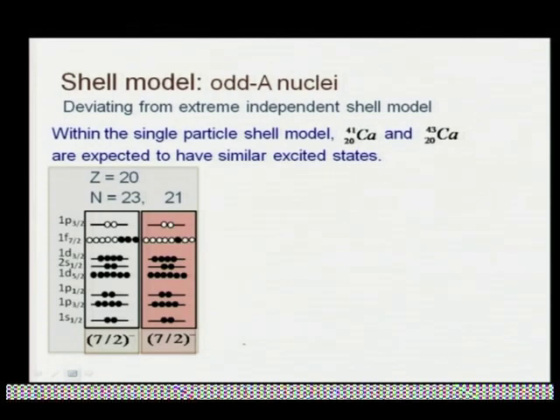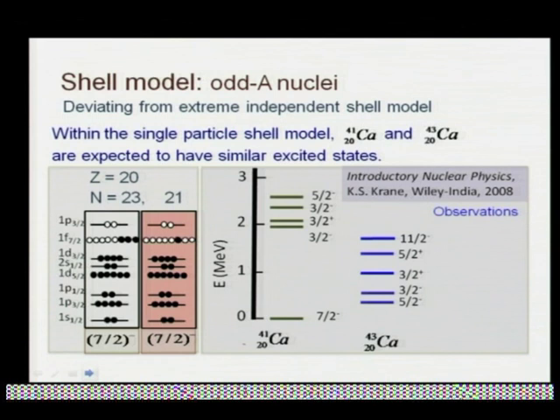The prediction for the ground state spin and parity is 7/2 minus in both cases. Let us see what observations we have regarding the excited states.